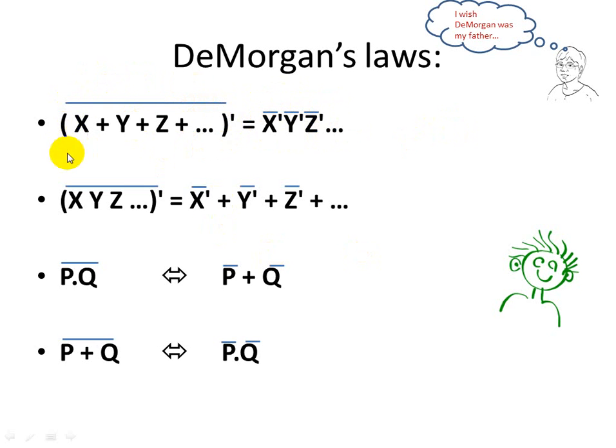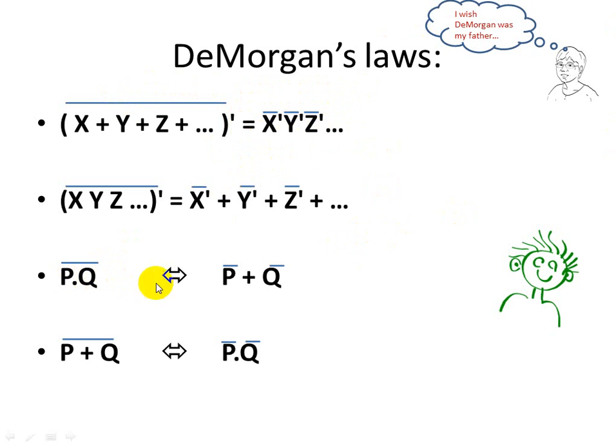Alright, let's look at this law. The whole expression, x and y and z inverted, equals inverted x or inverted y or inverted z. Very important, because recently we were given an exercise and we all went to great pains to work that out, whereas what we should have done first of all is turned it, which is what De Morgan wanted us to do, into the converse expression.